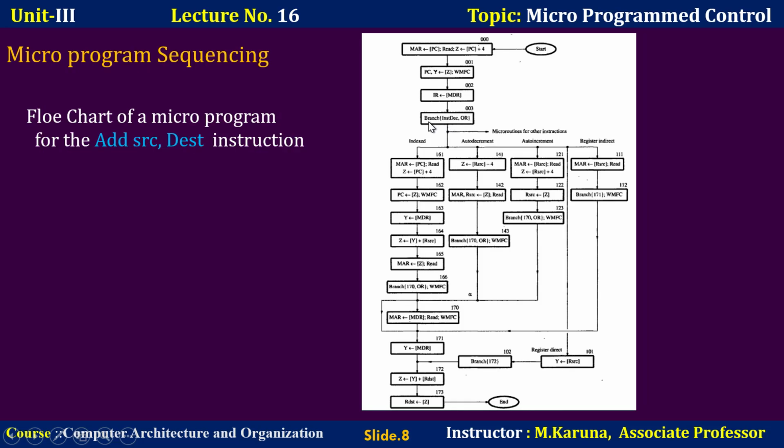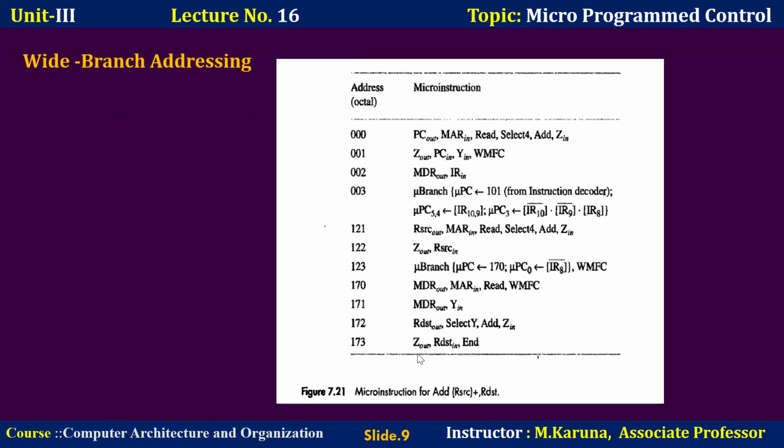Whenever the branch instruction specifies the wide branch address, that is indexed mode, auto decrement mode, auto increment mode, register indirect, or register direct, then the processor enters the location specified by the wide branch decoder and executes the corresponding micro program. That is what is known as wide branch addressing.